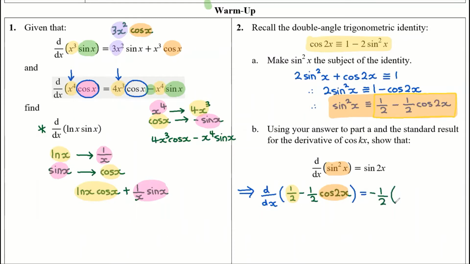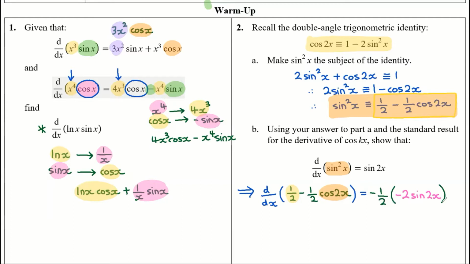If you remember, the 2 is going to migrate out to the front, so this is going to be 2. Now, the cosine differentiates to negative sine, so it's going to be -2 sine 2x. If you're not comfortable with that, just look it up from the work we did on the chain rule in the previous lessons.